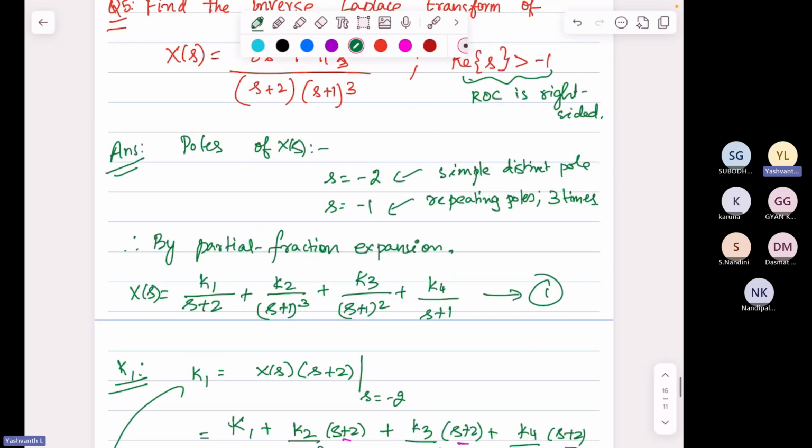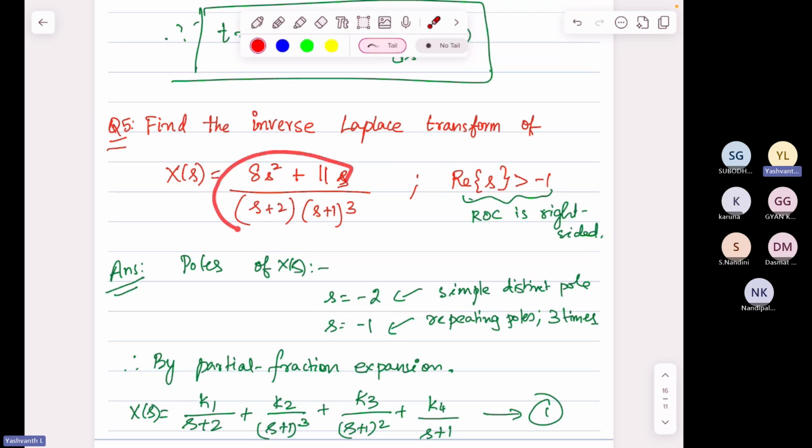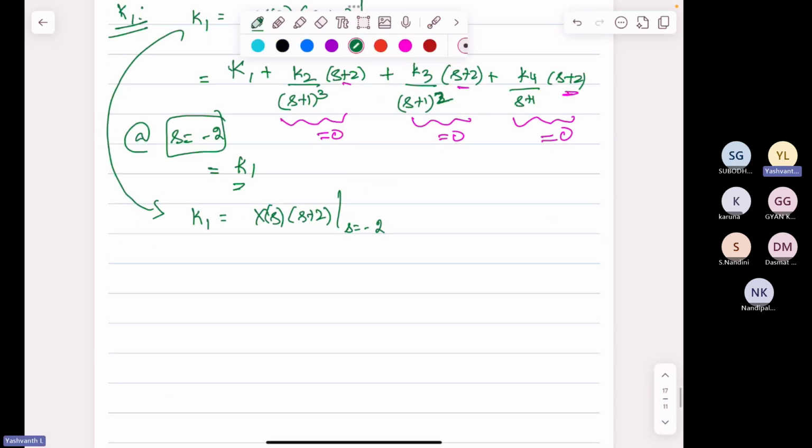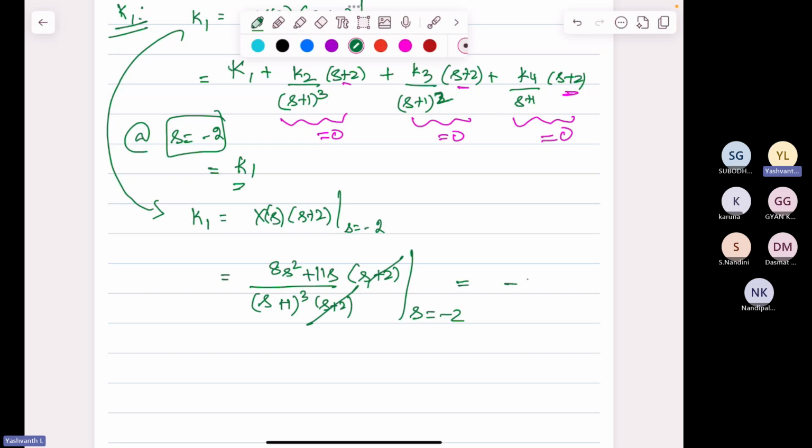Now what is X(s)? This guy: (8s square plus 11s) by (s plus 2) into (s plus 1) whole cube. We'll just do that: (8s square plus 11s) by (s plus 1) whole cube, into (s plus 2), into (s plus 2), at s equal to minus 2. The s plus 2 gets cancelled. At s equal to minus 2, this comes out to be minus 10.